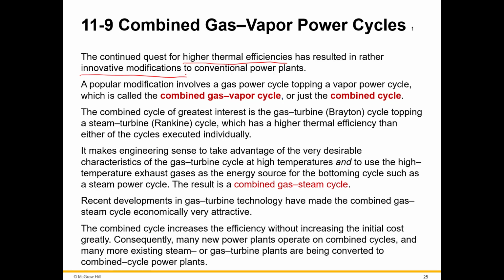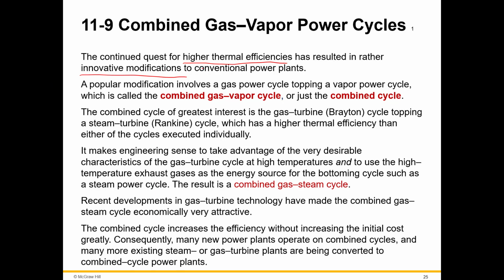Can we take this heat waste and plug it in over here? Can we reheat the system to get it into the superheated vapor? Any kind of stretch into an efficiency or a bottom line pushes innovative modifications.